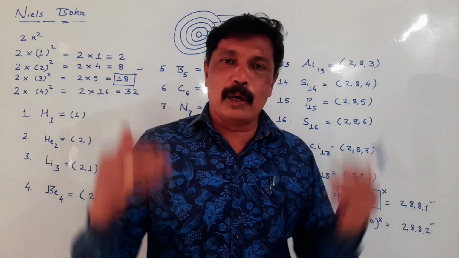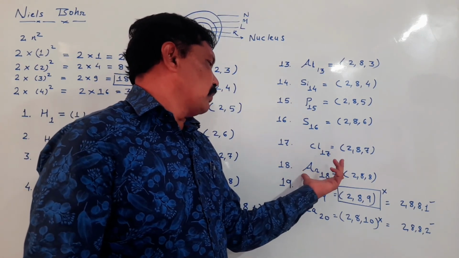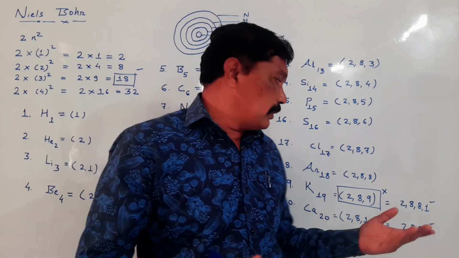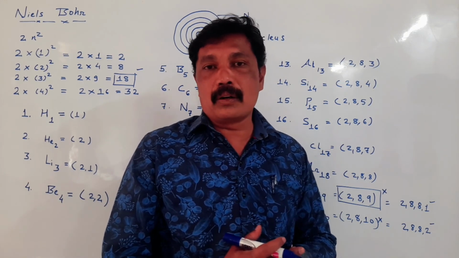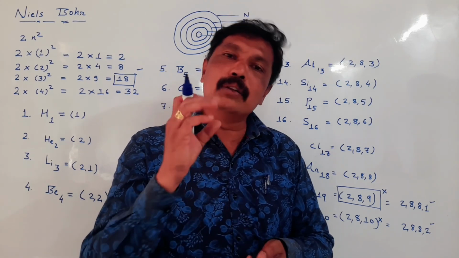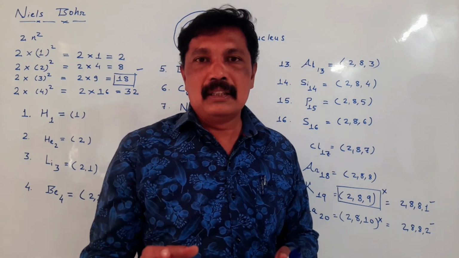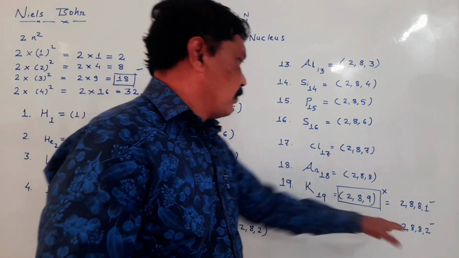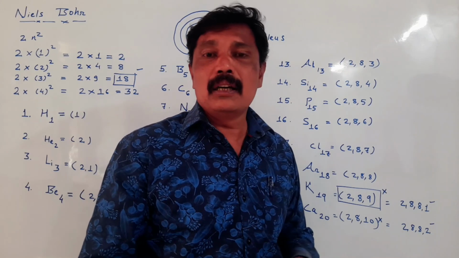We have to study some more points, so we will keep the Niels Bohr electronic configuration up to the element argon, and from here the other electronic configuration which we are going to study is the electronic configuration according to Aufbau's principle. And when we study it, we will study a new type of distribution of electrons in different orbits, which will give us a satisfactory answer for why this is the correct method. Now let's study Aufbau's principle.